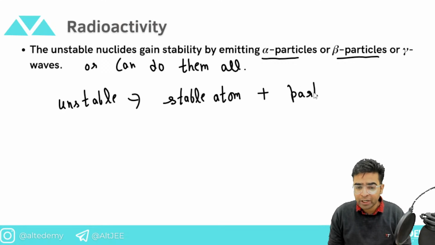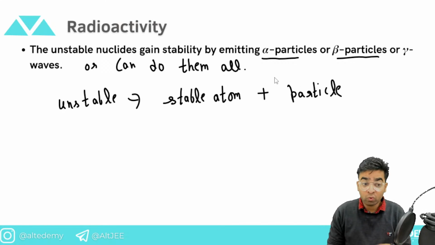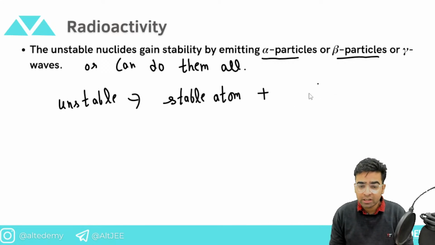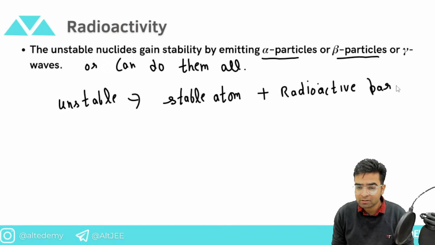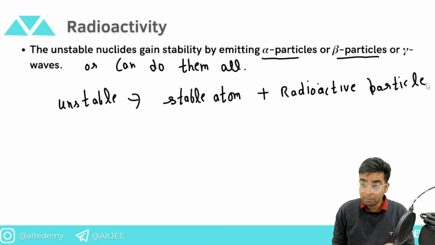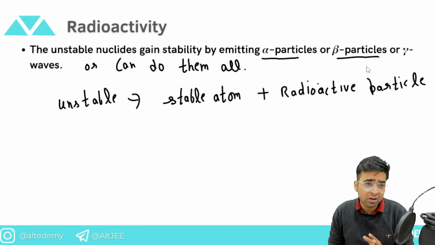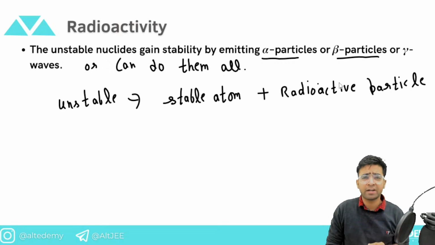So that's what radioactive particle it emits. Alpha particles or beta particles are called radioactive particles.